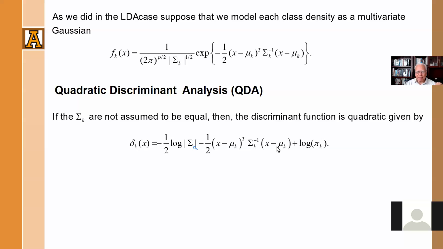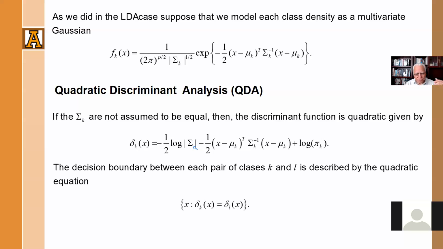Actually, this is the same expression we had for the linear discriminant case, except that there we assumed that all the variance covariance matrices were the same. And then the decision boundary for each pair of classes, k and l, let's say, can be described by an equation. It's a quadratic equation.